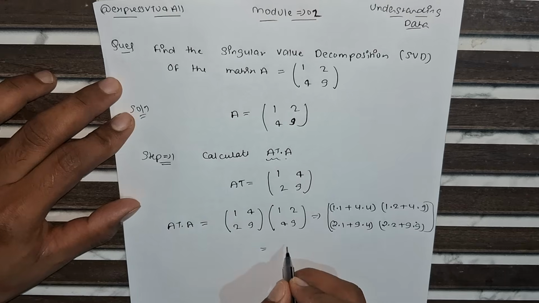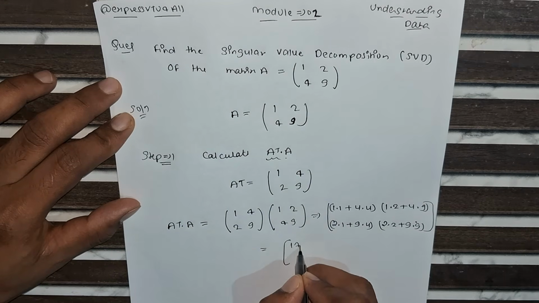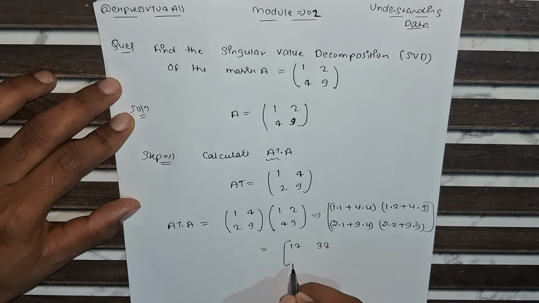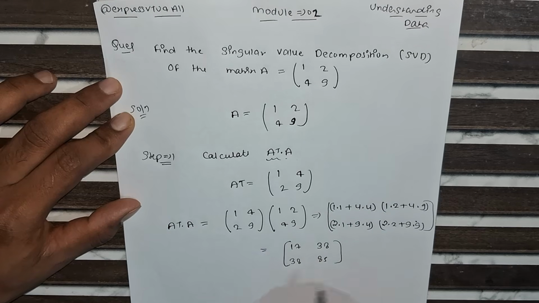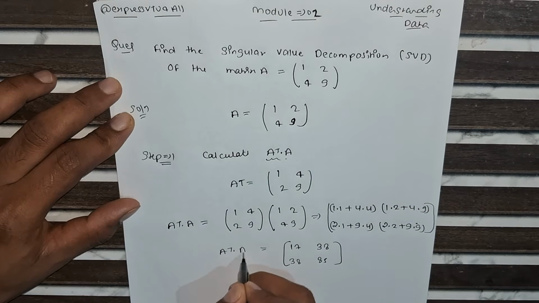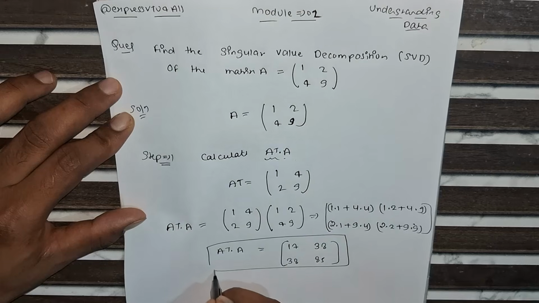When you solve it, it becomes [17, 38; 38, 85]. This is our A transpose into A. So here our first step is completed.